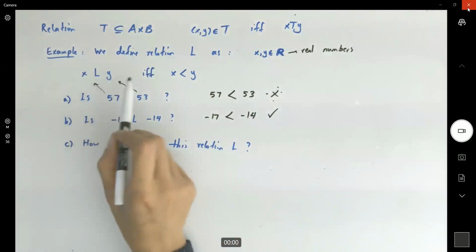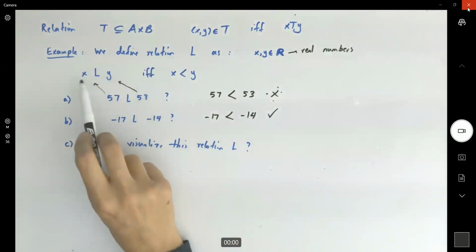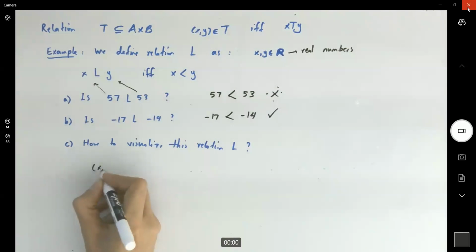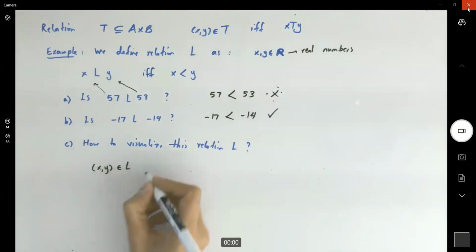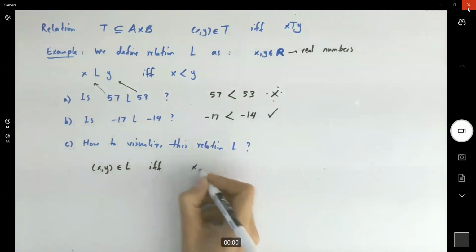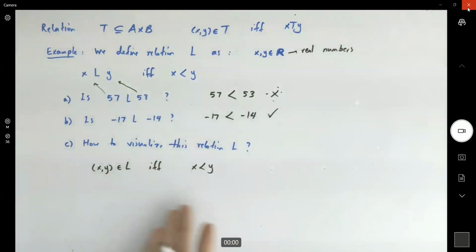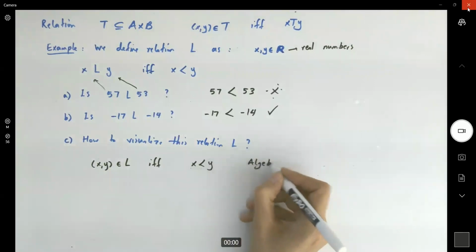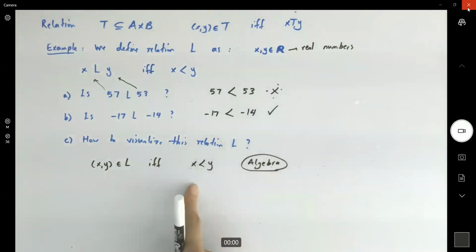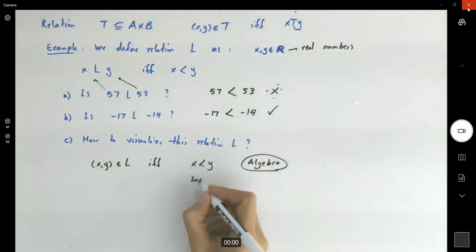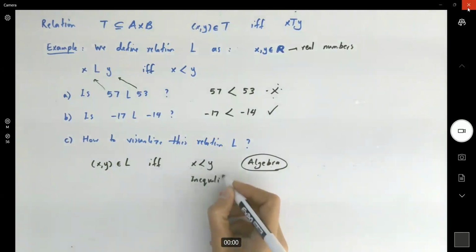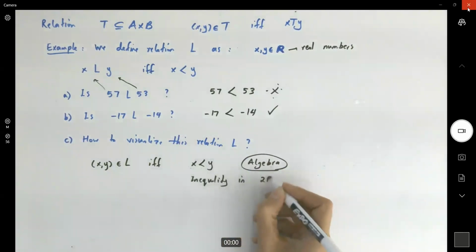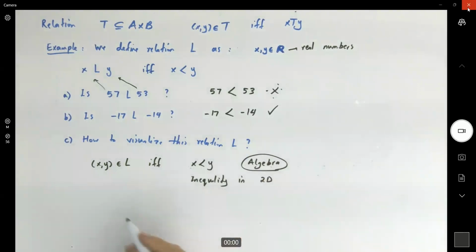So how do we visualize this relation? It says x is in relation with y. A point, or ordered pair, belongs to relation L if and only if x is less than y. Just going back to algebra, pure algebra, graph this inequality in 2D, in two dimensions.